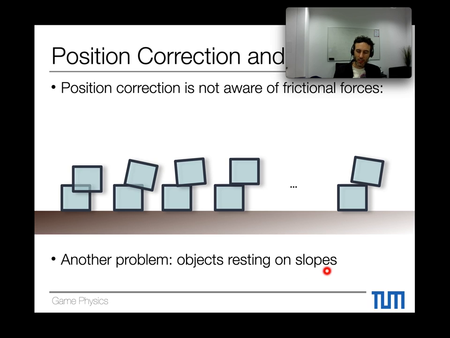Similarly, if we have objects on slopes, on inclined grounds, and we start adding these position correction steps, then we can actually start to make the object slide, and there are other unintended side effects of this. In a way, that is the cost or the price we pay for fixing these unphysical configurations.